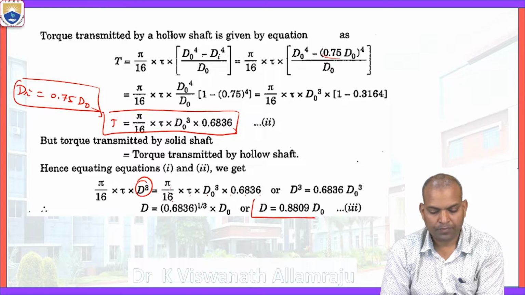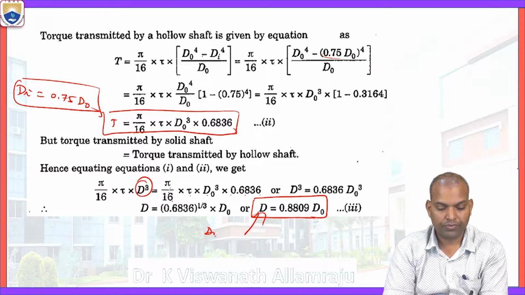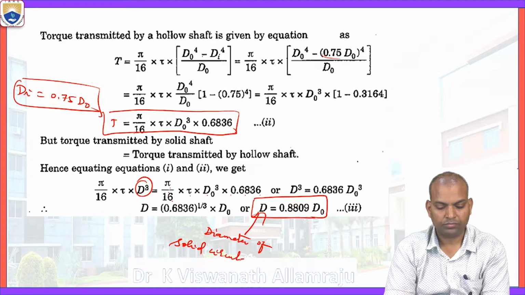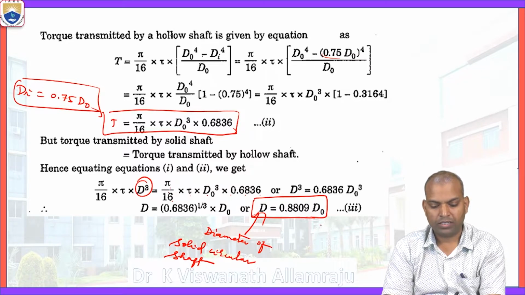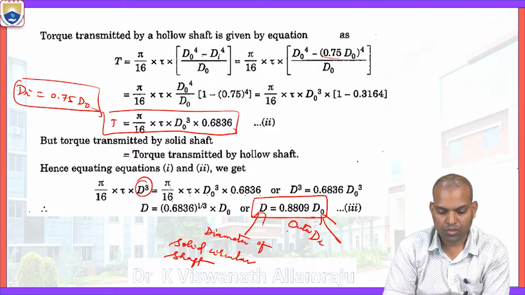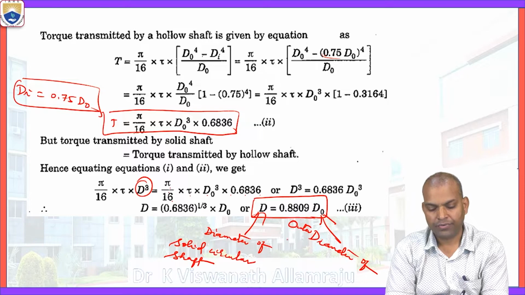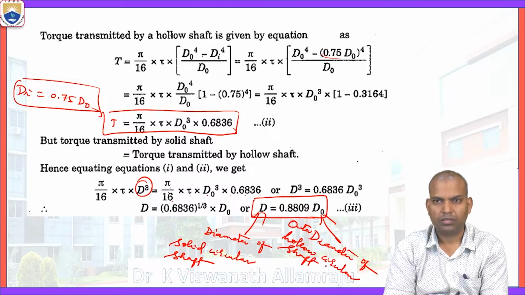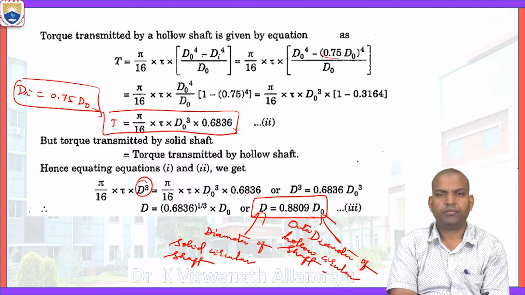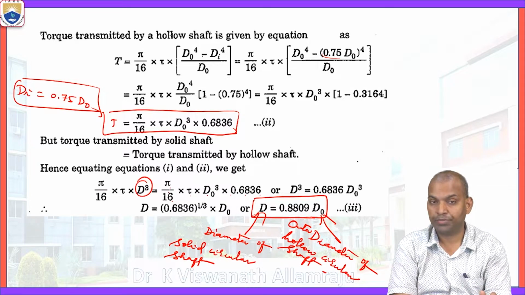That is D equal to 0.8809 D naught, where D is the diameter of the solid circular shaft and D naught is the outer diameter of the hollow circular shaft. That relation we got by equating the same torques.